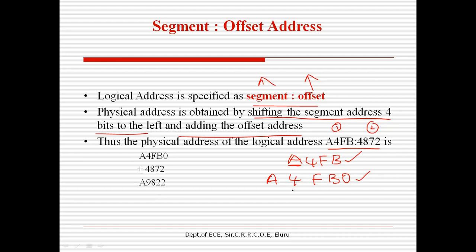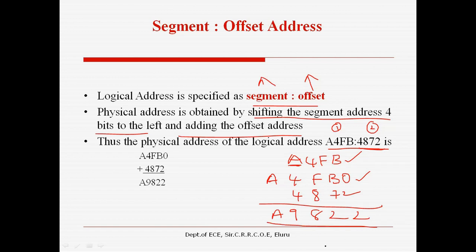Now we add the 16-bit offset address, which is 4872. If you add this, you will get the 20-bit physical address A9822. So this is now the 20-bit physical address for the 8086 processor.